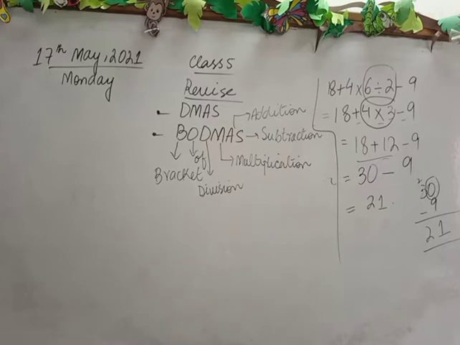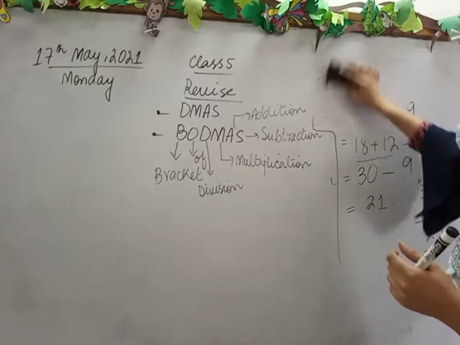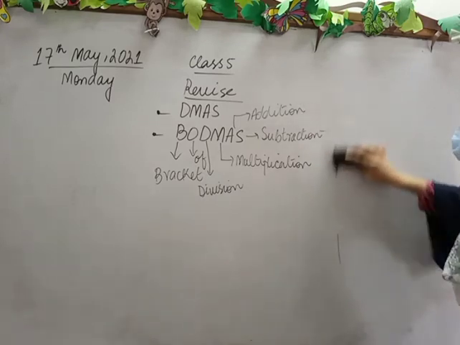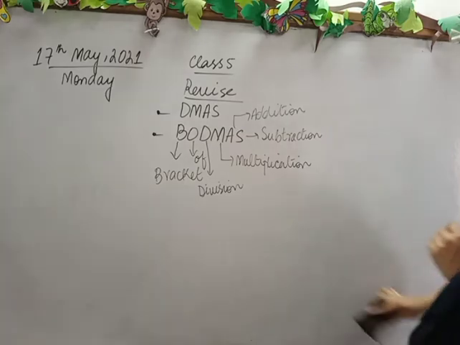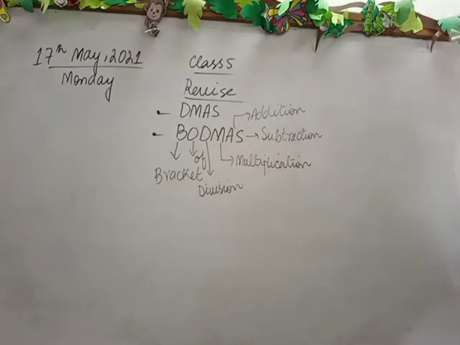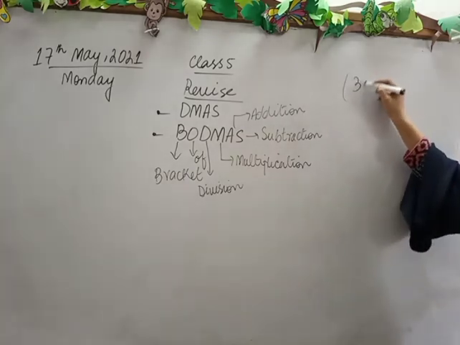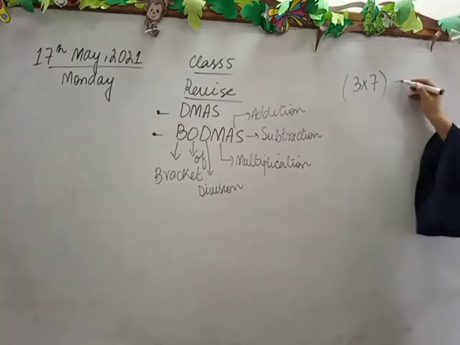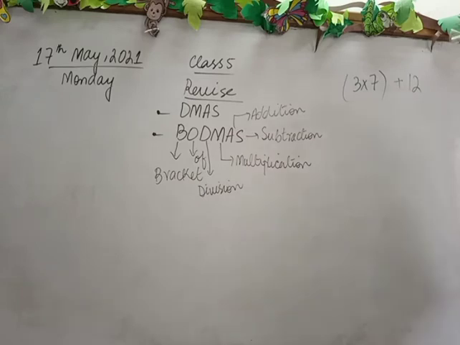Now here I have an example. You have to listen very carefully. 3 multiply by 7 plus 12. I have an example in which bracket is involved, addition sign is involved, and multiplication sign is involved.